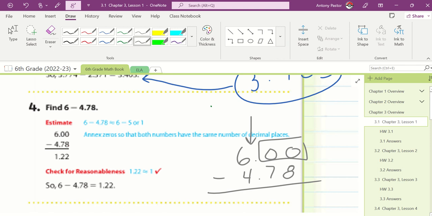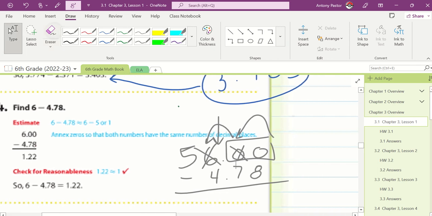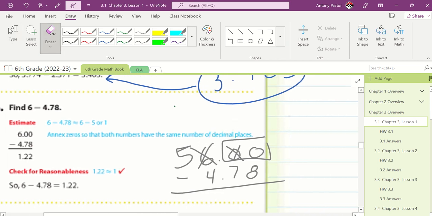0 minus 8 we can't do, so we need to borrow. We cannot borrow from this 0, so this 0 is going to borrow from this 6. This will become 5. This will now become 10. And I'm going to go ahead and erase some of these arrows to make space for us. This will become 10, and now I can borrow from this one.